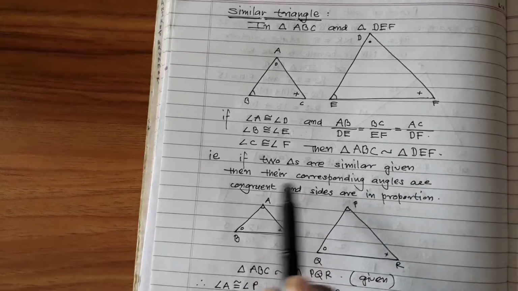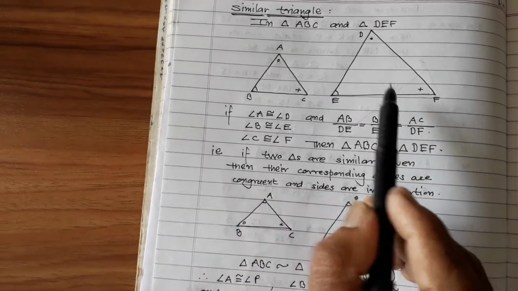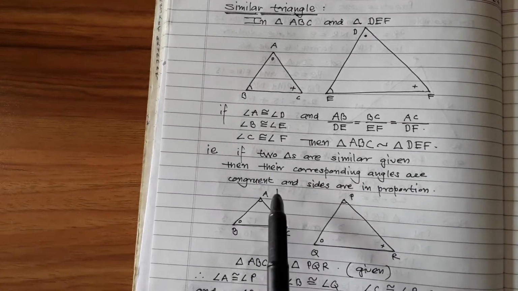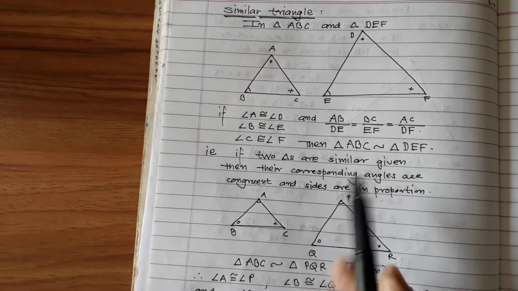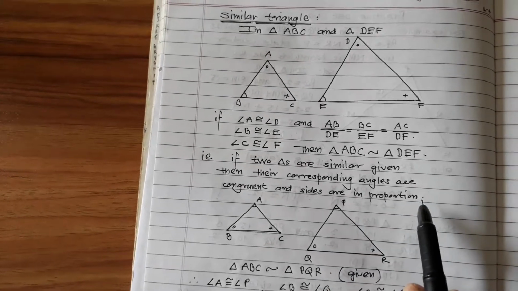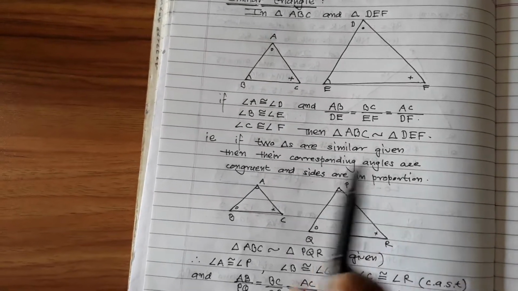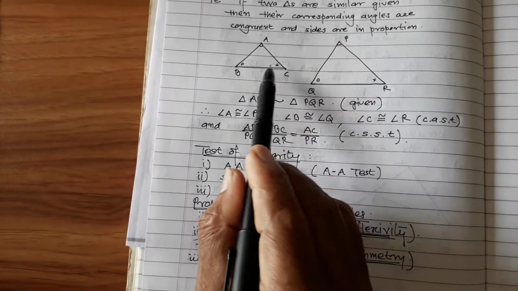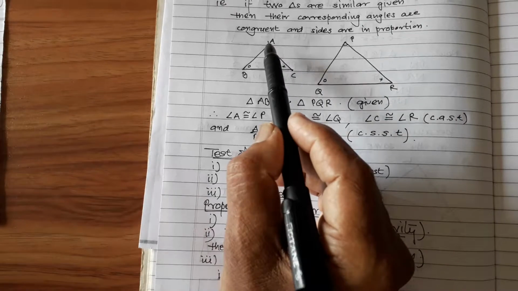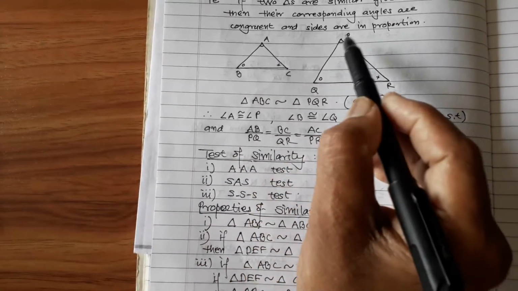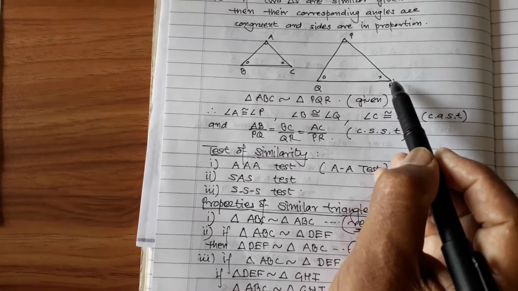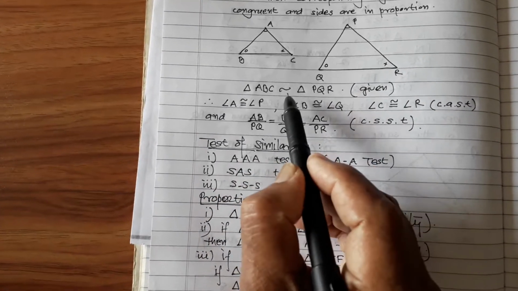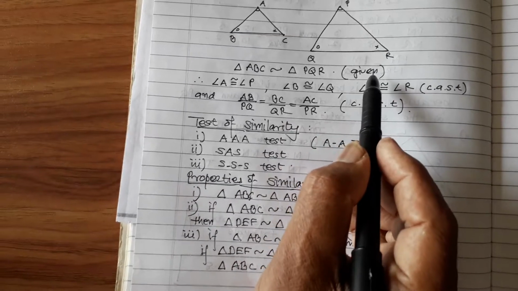If two triangles are similar, then their corresponding angles are congruent, or equal, and their sides are in proportion. Okay, for example, in triangle ABC and triangle PQR, suppose both are given similar.